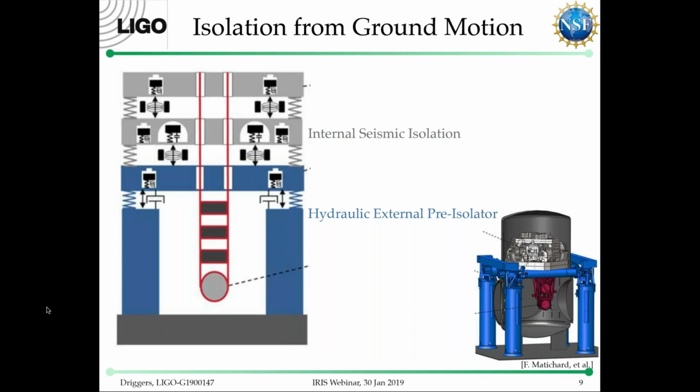They can move about plus or minus 1 millimeter in each axis. They're 6-axis actuators, so they can do anything we need. And then the gray system we call our internal seismic isolation because it's internal to the vacuum system. And in this schematic drawing, from the top part of the table is suspended the actual quadruple pendulum and mirror system.